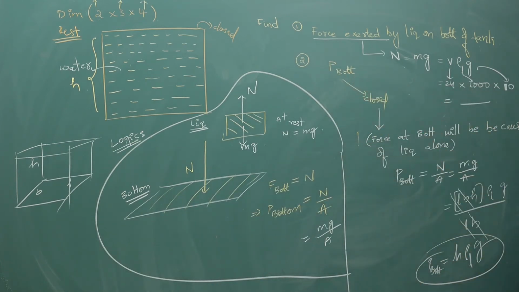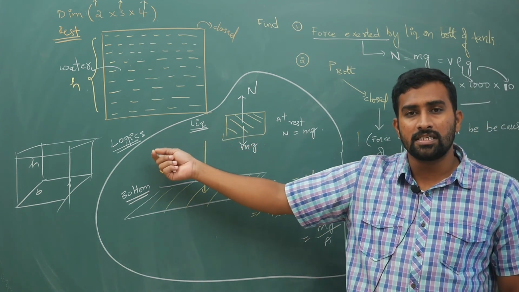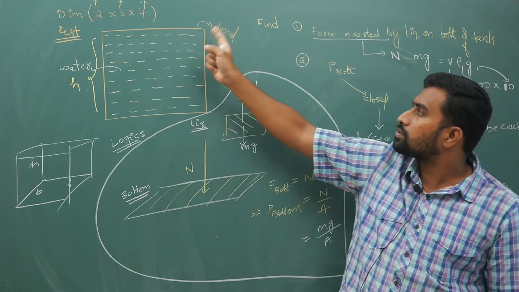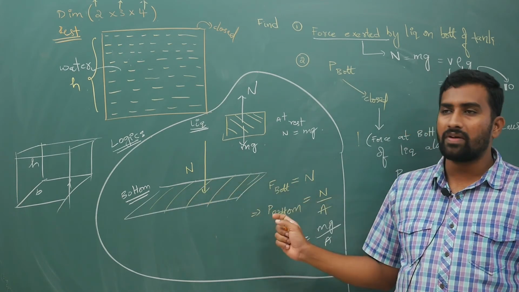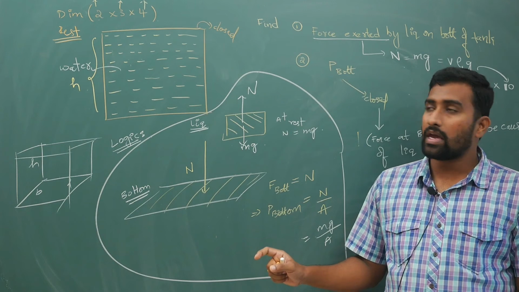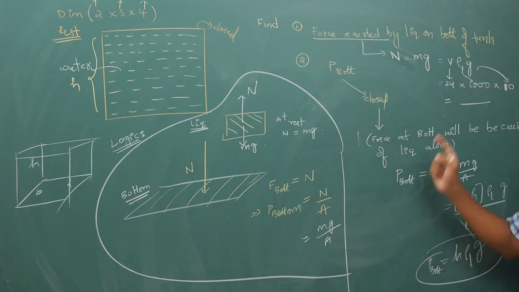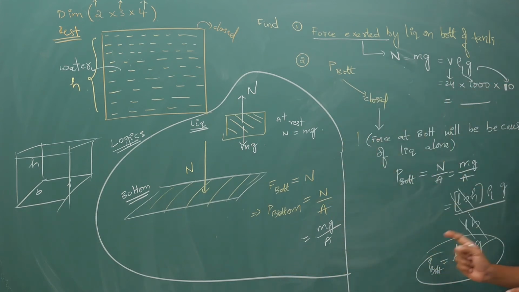We can write pressure at the bottom as H into rho into g when the top surface is closed. My discussion has been for the closed part. All these calculations are for a closed cylinder. Now if it is open, I will explain what comes extra, but first copy this down.